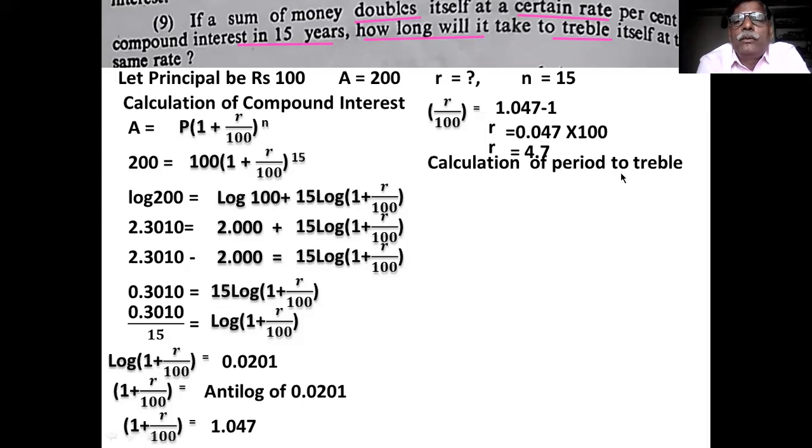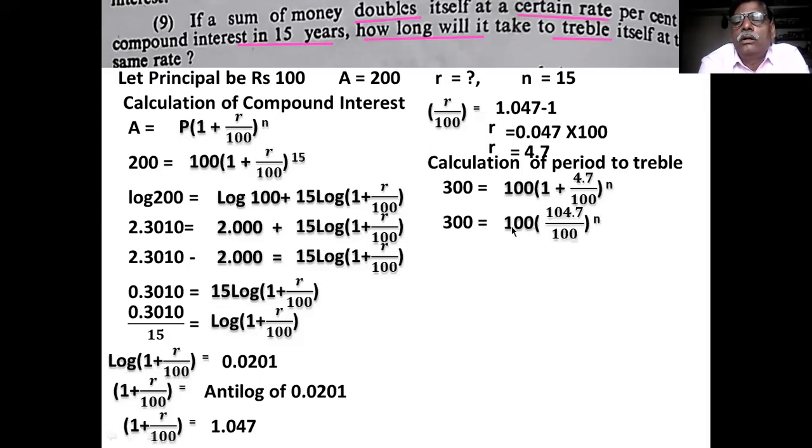Therefore, calculation of period for triple. So 300 is the amount, P is 100, and the rate 4.7 is already calculated. Whatever rate you calculated in the above step, you take that same rate in the next step. 300 is equal to 100 times (1 plus 4.7 divided by 100) raised to n.